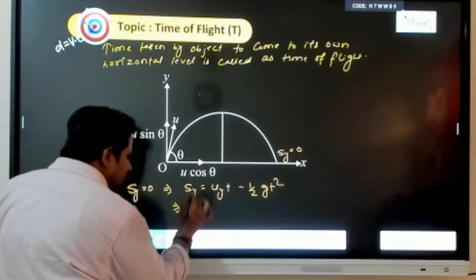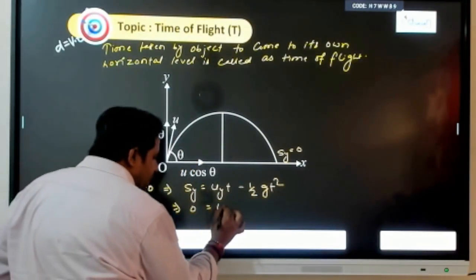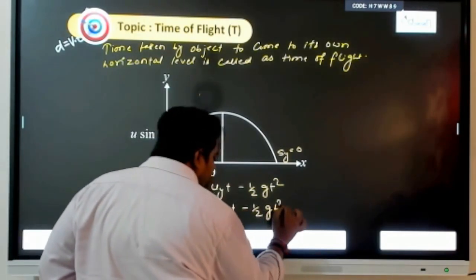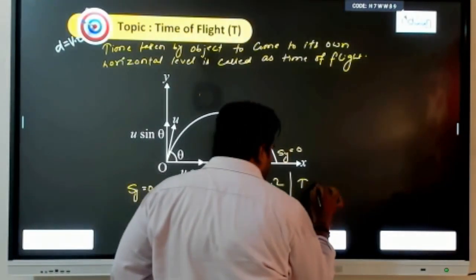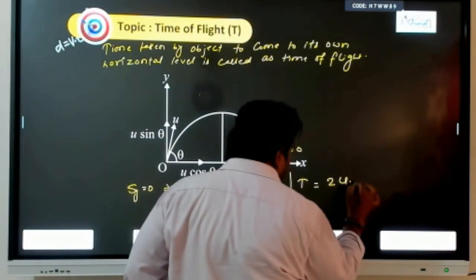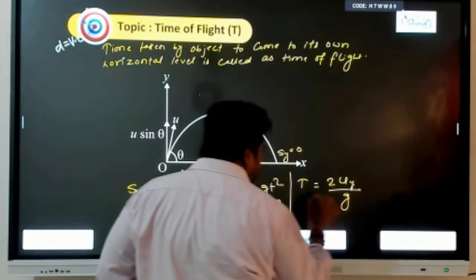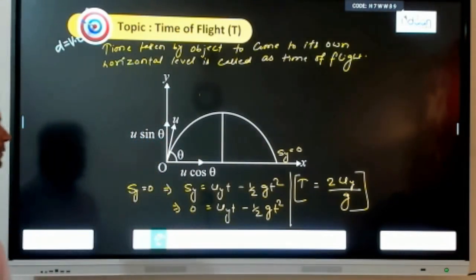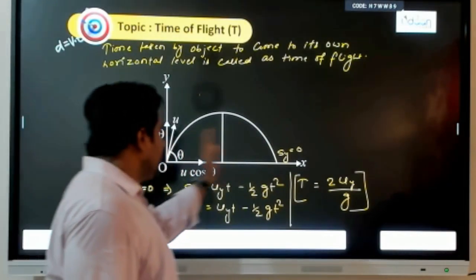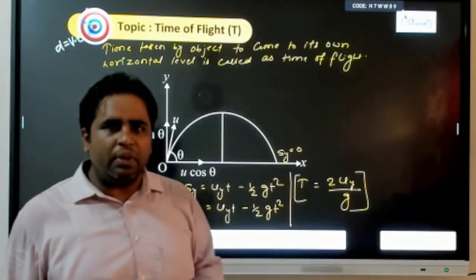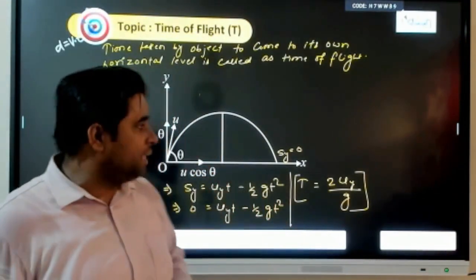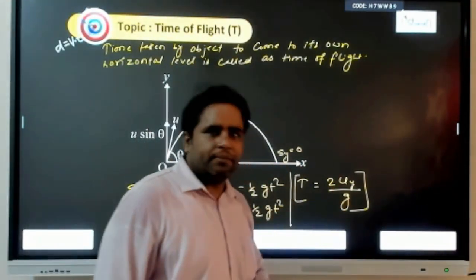Putting the value of Sy as 0, 0 will be equal to Uy t minus half g t square. If I find out the value of t, it will be definitely 2 Uy by g. So this will be the total time of flight. Whatever time it takes from the initial point to the final point, that particular time is said to be the total time of flight.